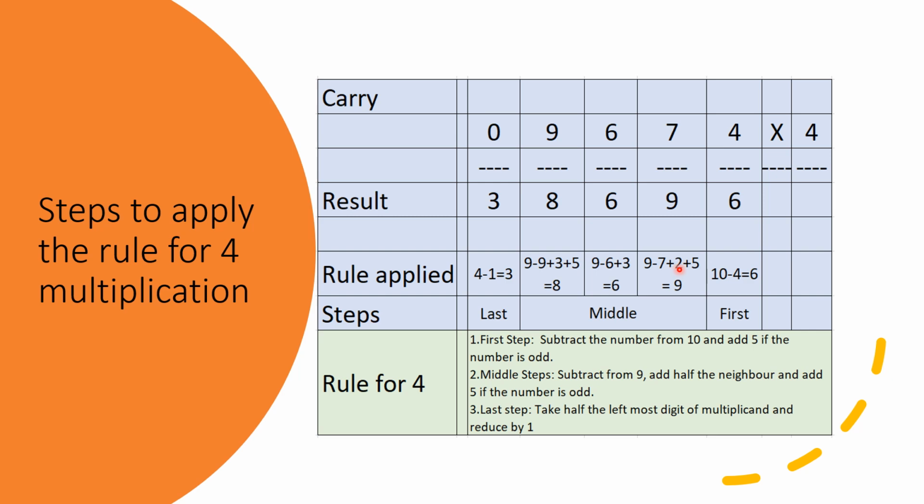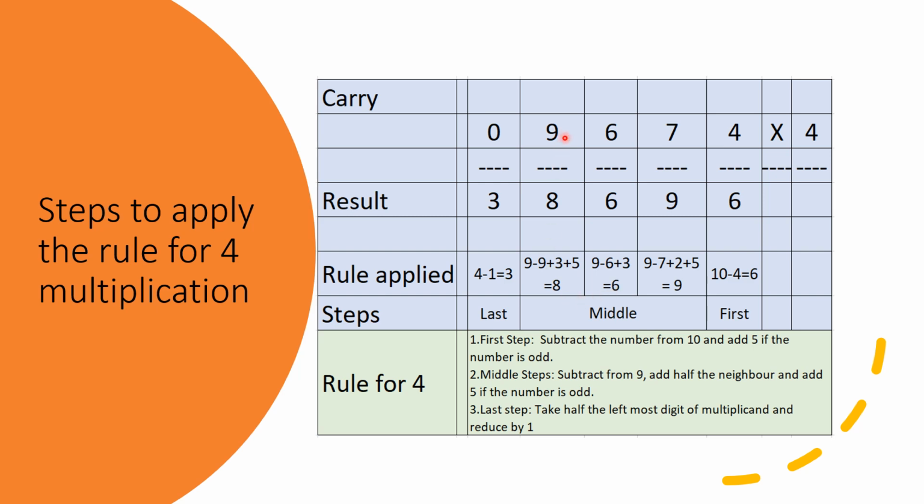The neighbor is 4, half the neighbor is 2, and plus 5, since the number is odd, so it is 9. Again for the next number 6, we apply the same rule: 9 minus 6 and plus half the neighbor, half of 7 is 3, equal to 6.